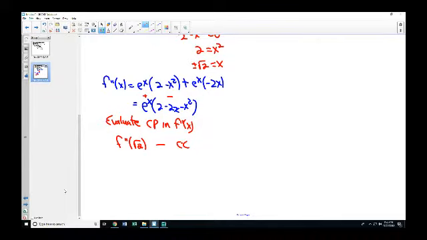You get a negative in the second derivative. Yesterday we learned that's concave down. Do we have a min or a max? Maximum. That's the second derivative test.